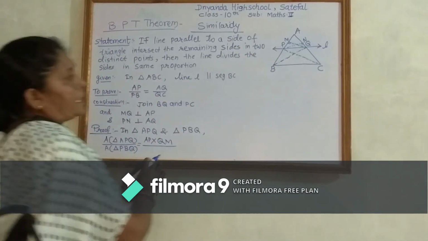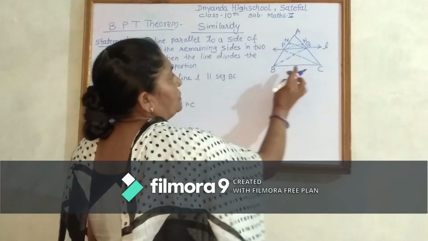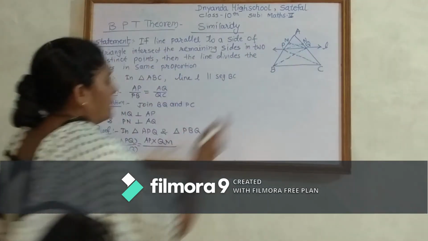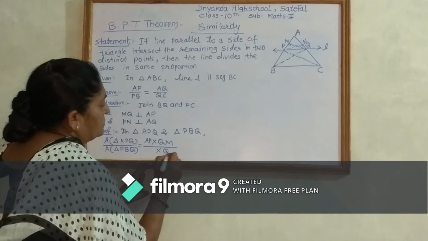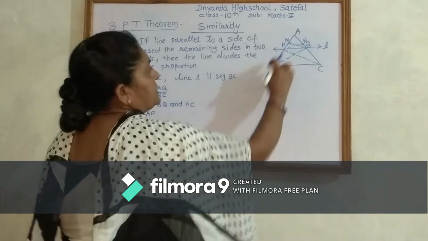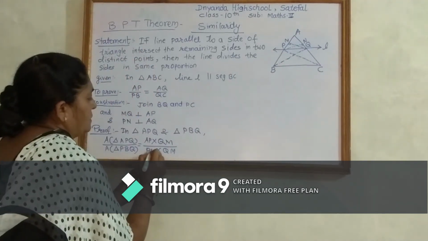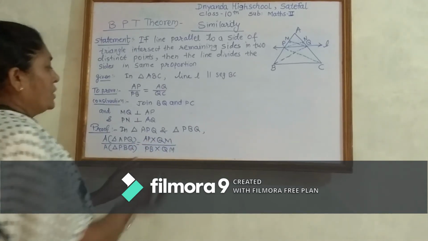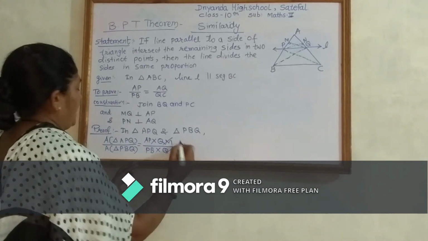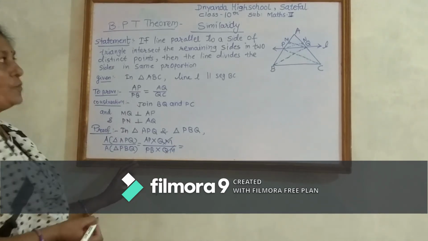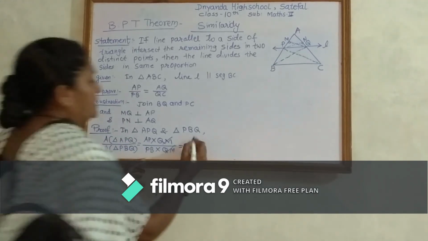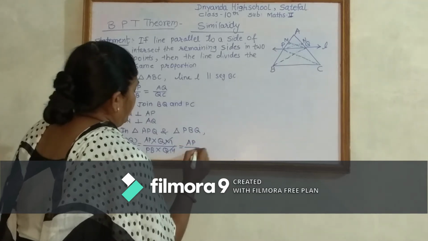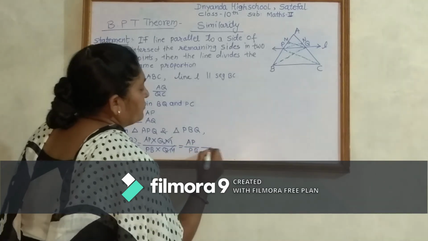In triangle PBQ, the height is QM and the base is PB. QM gets cancelled and the ratio of areas of these two triangles is AP divided by PB. This is the first equation.